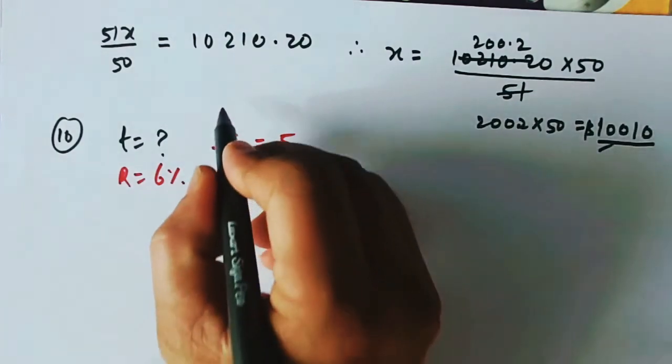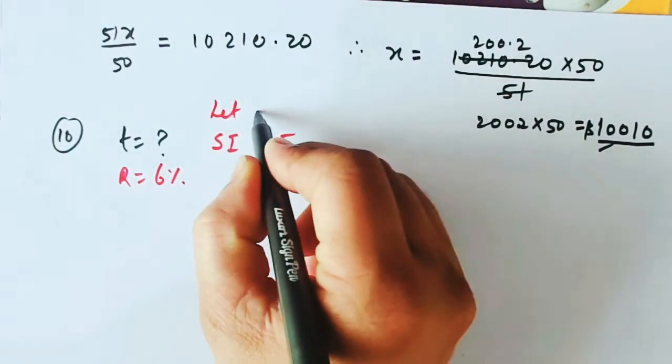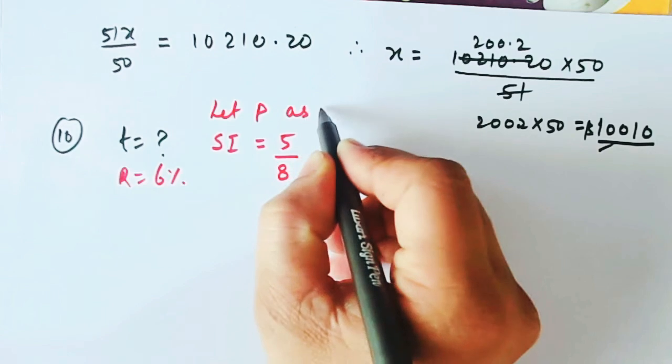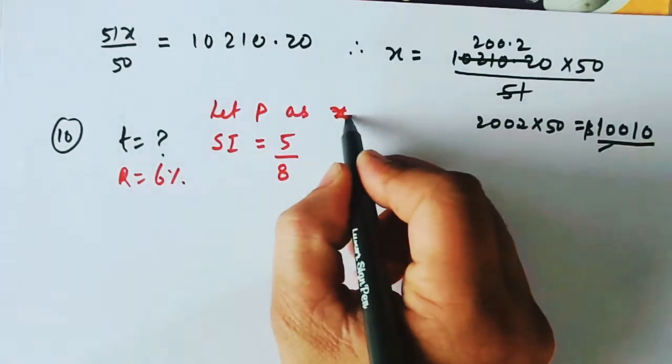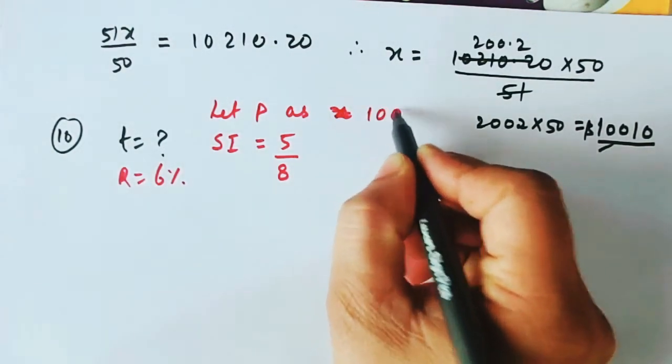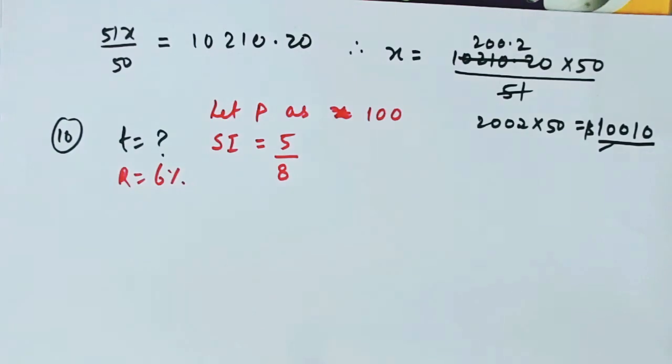Therefore, you will have to take the principal as x. Let principal be x. Or why should we take x? Why not take 100? Because actually we do not need this principal. So I will take principal as 100.